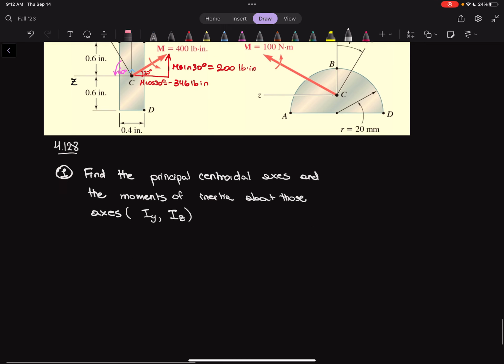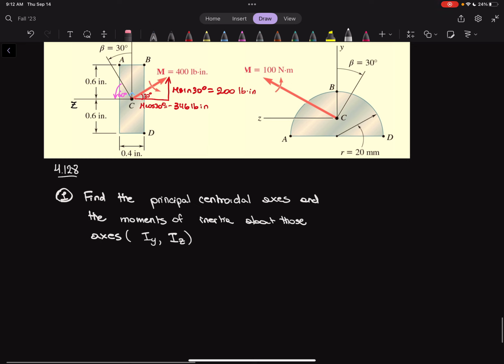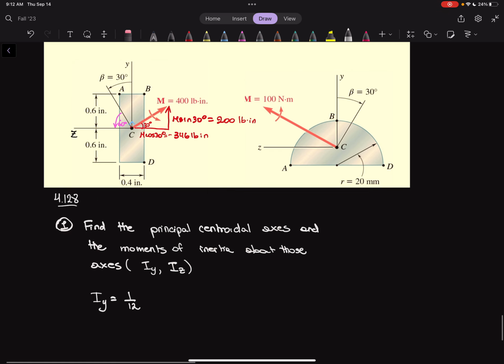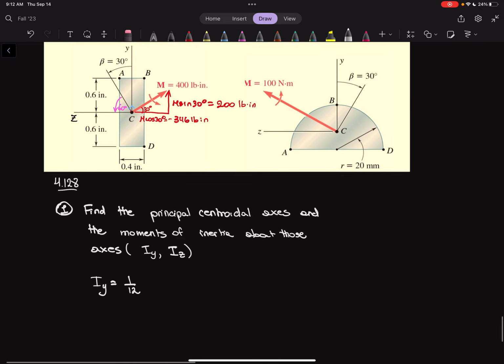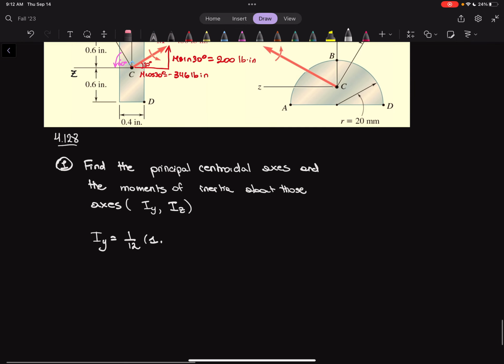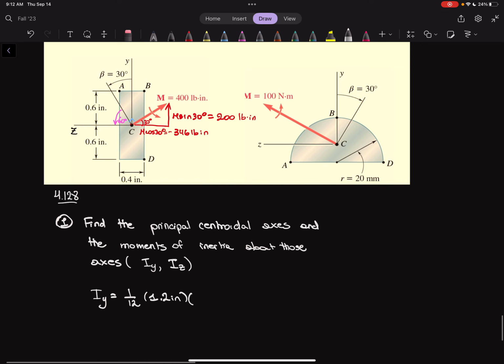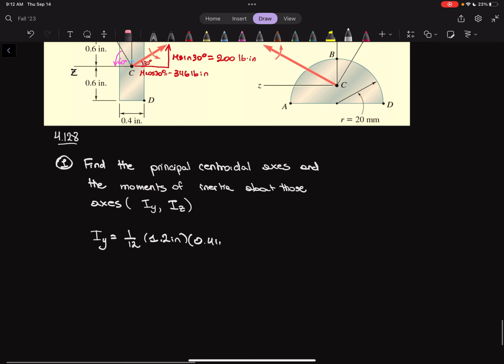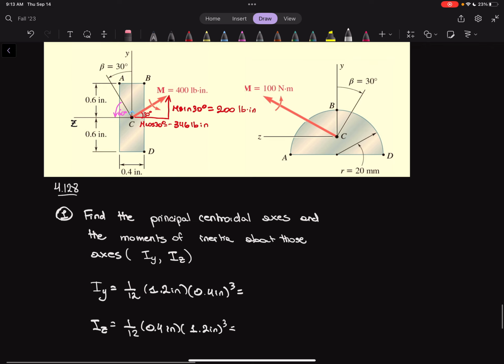It's a rectangle, and we're assuming uniform density distribution. So I_y is going to be 1 over 12 times the side that is parallel to y, which is 0.6 plus 0.6, which is 1.2 inches, and the side that is perpendicular, which is 0.4 inches, cubed. We do the same with z. The sides that are parallel and perpendicular are swapped: 0.4 is the side parallel to z, and 1.2 is the side perpendicular.